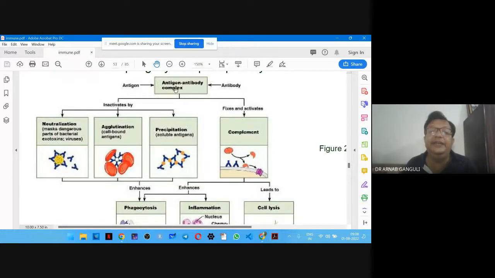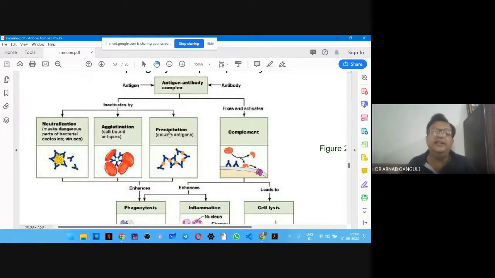This is the antibody, this is the antigen. The antigen and antibody form the antigen-antibody complex. First, it inactivates the antigen by neutralization. The yellow is the antigen and the blue is the antibody, and they are covering it. Then all these red things are the bad things, and they all agglutinate. All the antigens are agglutinated.